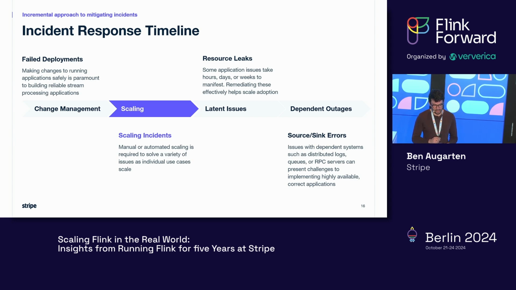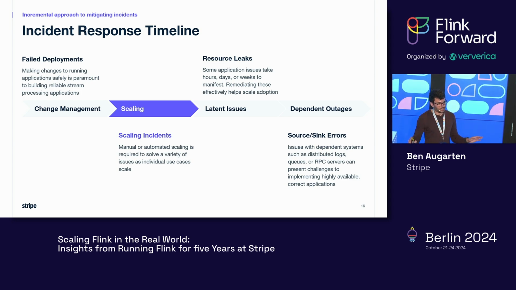Scaling is somewhat similar. So if you operate at high throughput, I'm sure that you've seen a scale-related incident before. And there are two broad classifications of scale-related incidents that I think about. One requires horizontally scaling a job, and one requires vertically scaling the job.